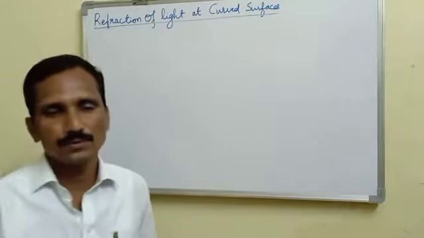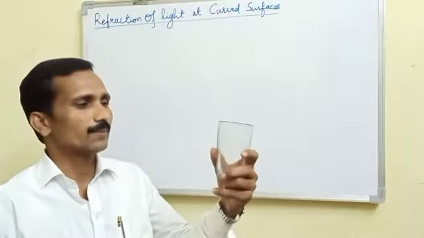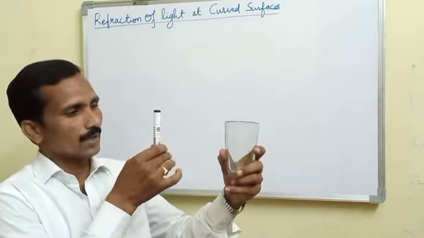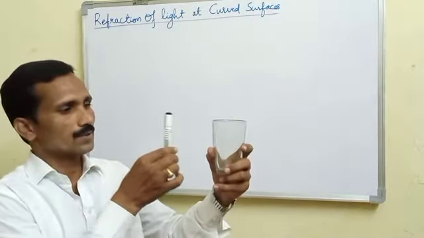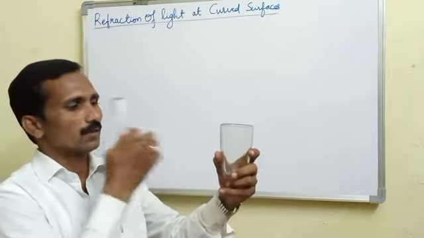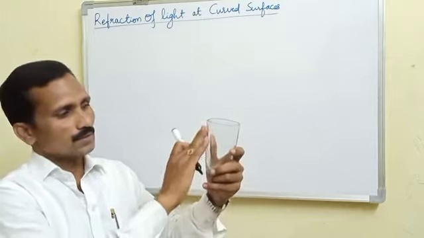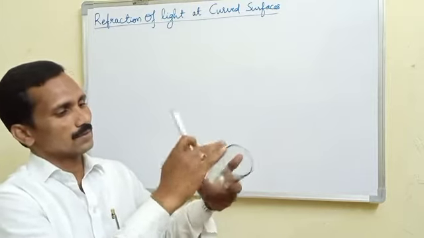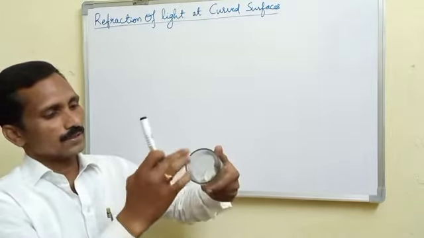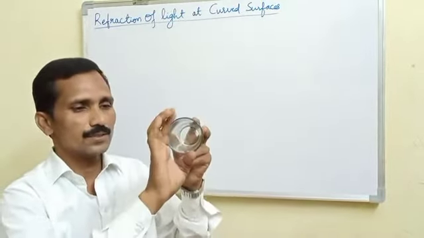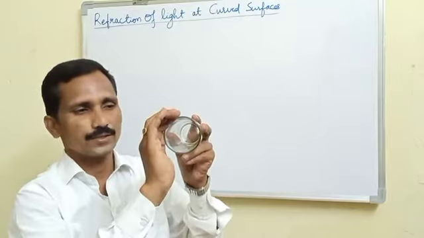When we observe through the empty glass, what happened? First, the light ray from the arrow propagates in air and strikes the glass surface. As observed here, it is a convex surface, bulged outside.